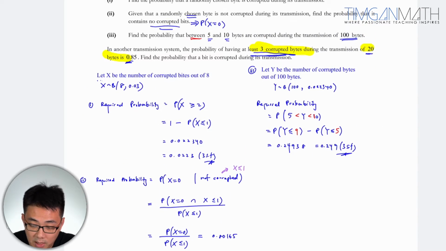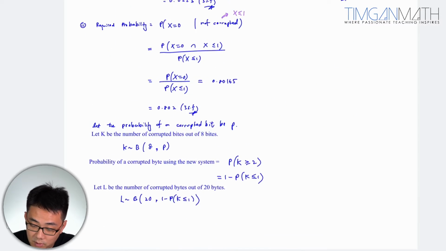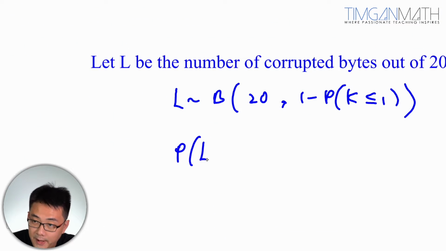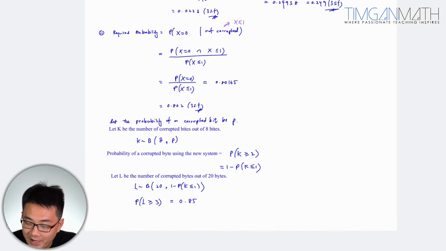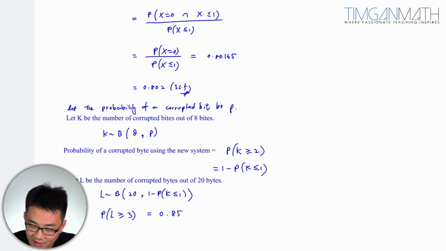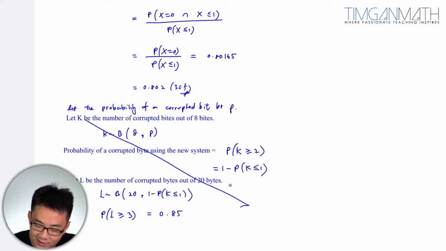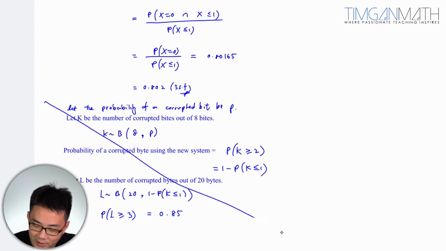So we need to find p now. So the probability of at least 3 corrupted bytes during transmission of 20 is 0.85. So this we could write as P(L at least 3), and this is given by 0.85. Okay, great job. So now we can write this down. I need more space here, so I'm just going to move it to the other side.